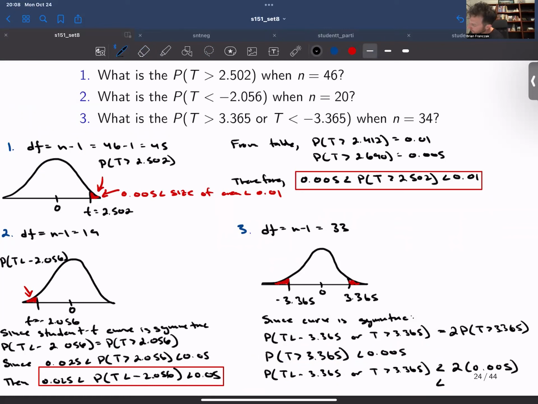So this is less than 0.01. So we simply multiply the bound that we have by 2. And this is my solution.